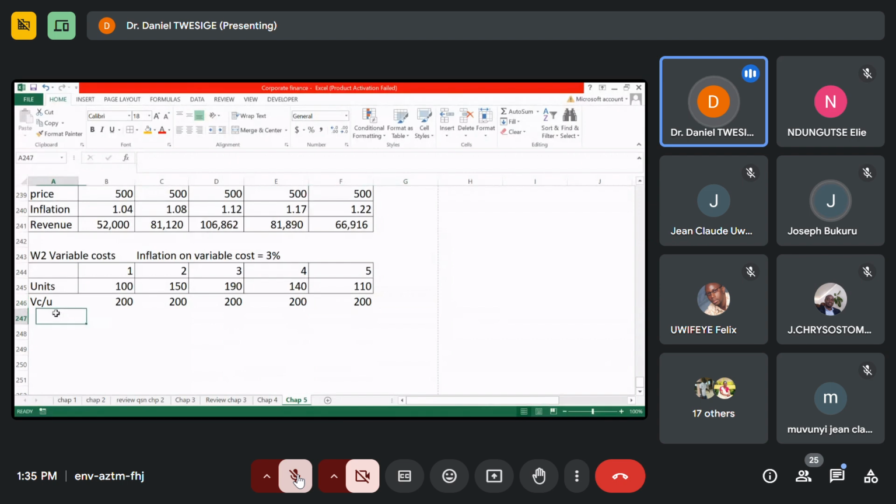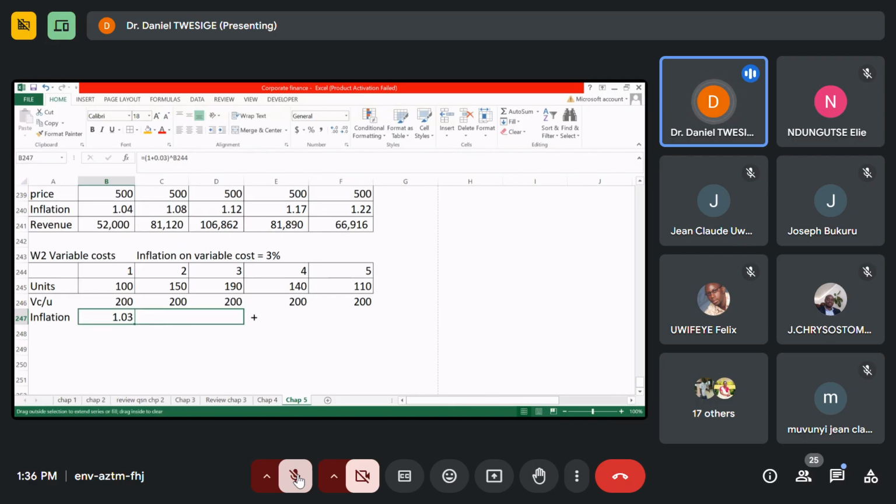So it means my inflation on variable costs will be 1 plus 0.03, power 1 in the first year, power 2 in the second year, power 3 in the third year.